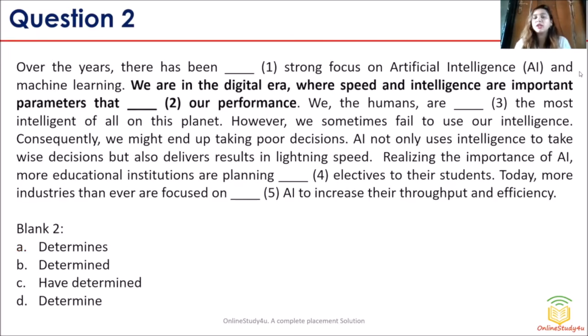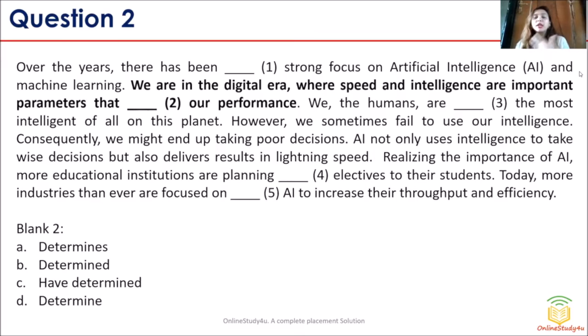We are in the digital era, where speed and intelligence are important parameters that dash our performance. Okay, is it determines, that determines our performance, that determined our performance, that have determined our performance, or that determine our performance? Now, firstly, we need to ensure that there is subject verb agreement.